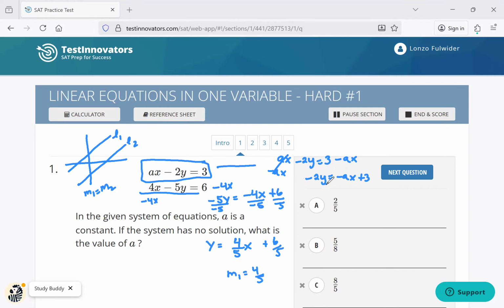And then I'm going to solve for y by dividing both sides by negative 2. So y equals negative ax over negative 2 is positive ax over 2, and then this is negative 3 halves, right?